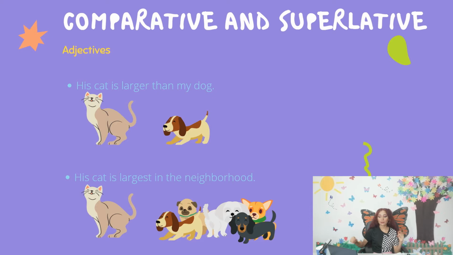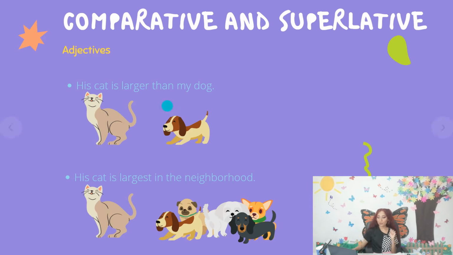I'm using a comparative, adding ER. Remember, when it's a comparative, we need to add ER. Larger than my dog, because I'm comparing one cat with one dog. Just one and one.